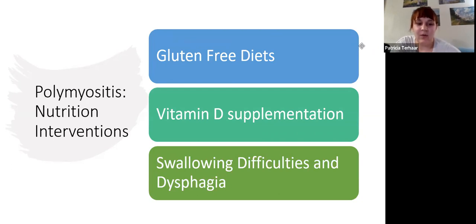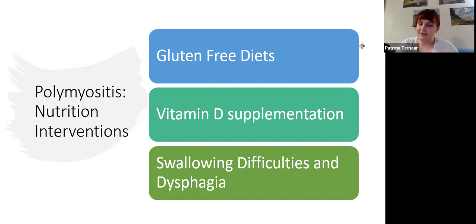Now, part of the nutrition interventions, similar to how people tie gluten intolerance with a lot of autoimmune diseases, in that sometimes when there's an autoimmune disease, it also can cause gluten intolerance. Part of what can help is doing a gluten-free diet for these patients.